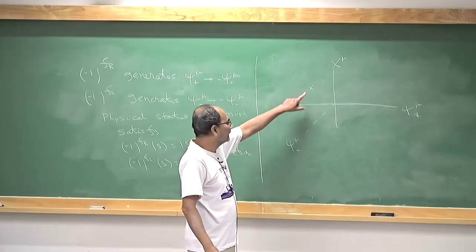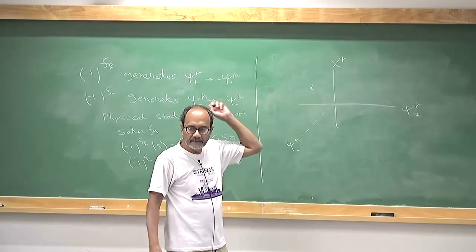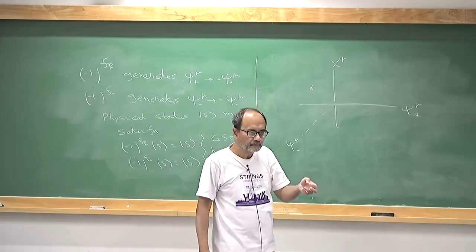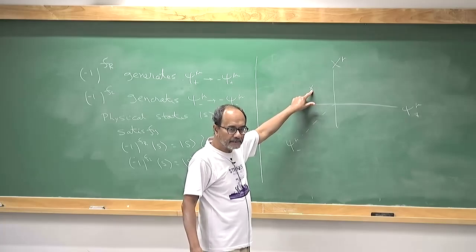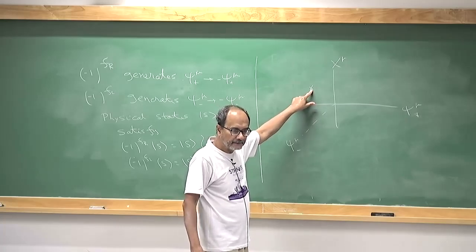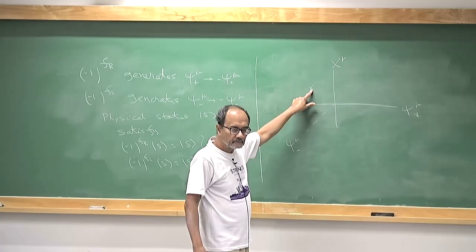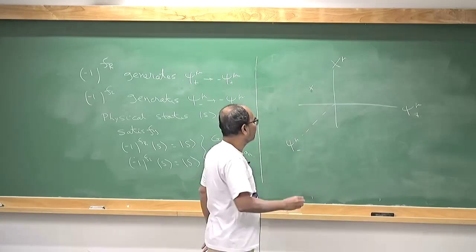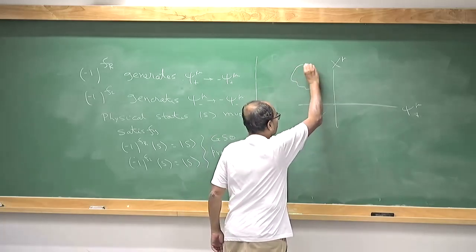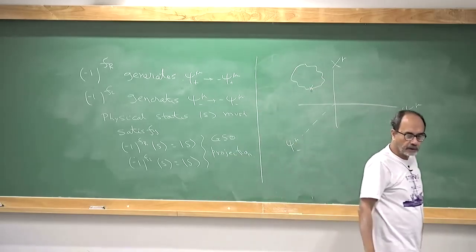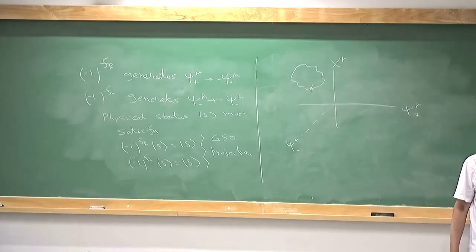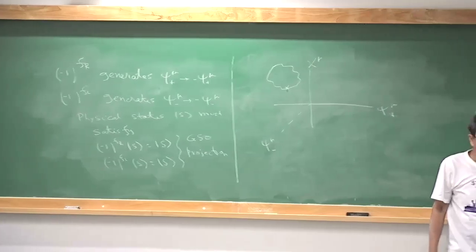Imagine that the closed string at sigma equal to 0 has this value of the field in the field space: X mu at 0 and psi mu at 0 is given by this. Then the string can wind around, but at sigma equal to sigma plus 2 pi, it comes back to the original value. Is this okay?